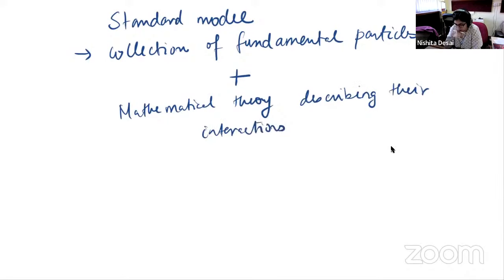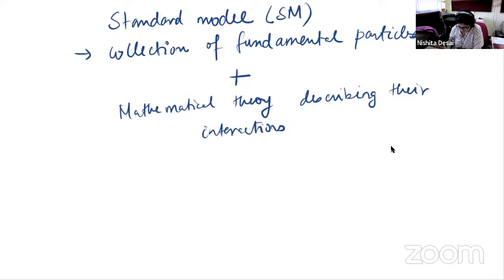So when you hear the phrase that something is standard model or not standard model, it can either mean that the mass or charge or some property of the particle itself is different, or it can mean that the interactions between these particles are different from what was postulated. Or you can just add new particles.